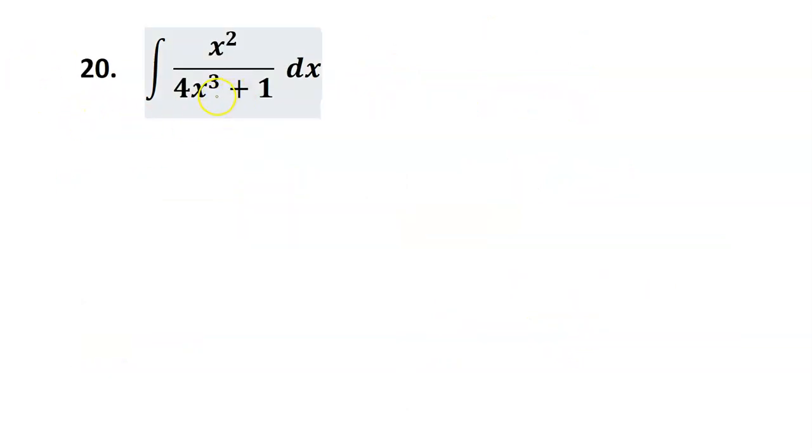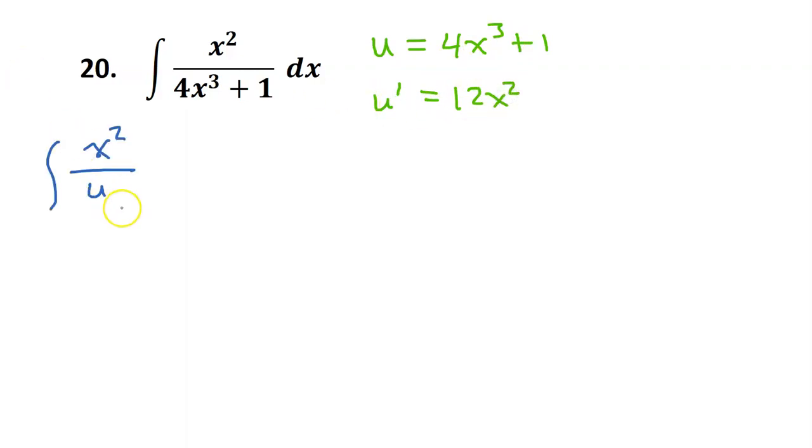Since the degree of the denominator wins by 1, let's go straight into our u substitution. Let's let u equal the entire denominator, 4x to the third power plus 1. That means that u prime will equal 12x squared. When we make the substitution, we get x squared over u.